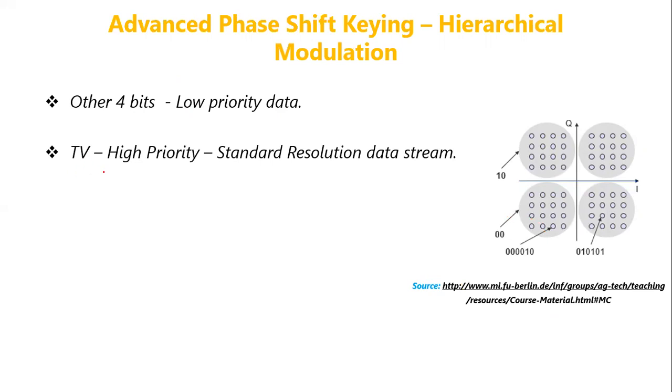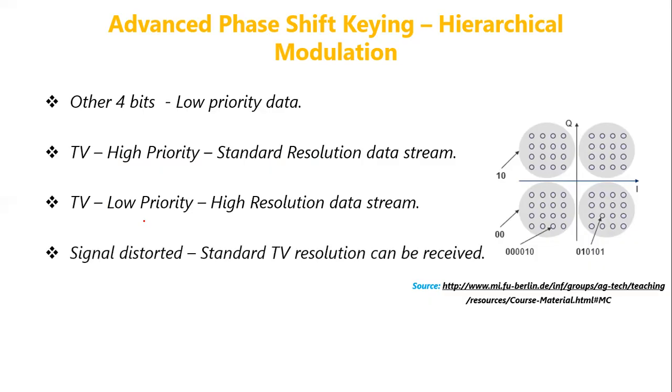In case of television, high priority data will refer to the standard resolution data stream, given in the MSB position, and the low priority data will be referred using the remaining 4 bits. So even if the signal is distorted, at least the standard resolution will be received, and the high resolution will be ignored. Okay, so this is how it works.